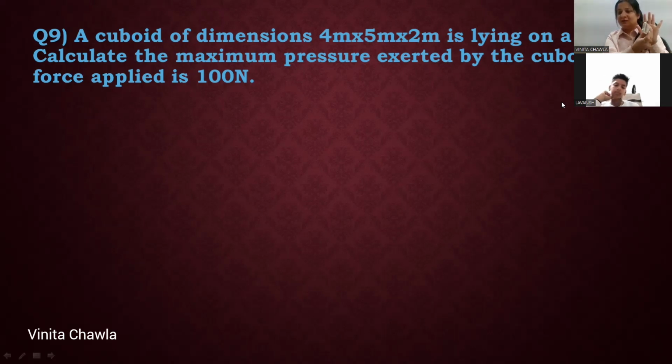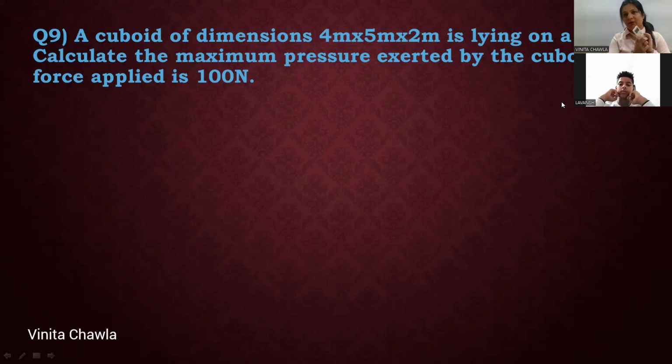So we have to place the cuboid on the table in such a way that we feel maximum pressure on the table. For the pressure to be maximum, area of contact should be minimum, because pressure and area are inversely related. If you want pressure to be maximum, then area should be minimum.